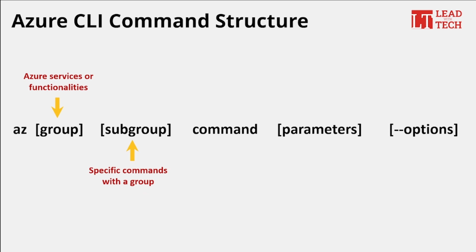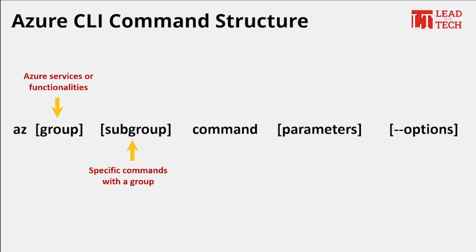So if you're trying to create a container, you would say AZ space storage space container. Here container is the subgroup name because of the service the storage provides.